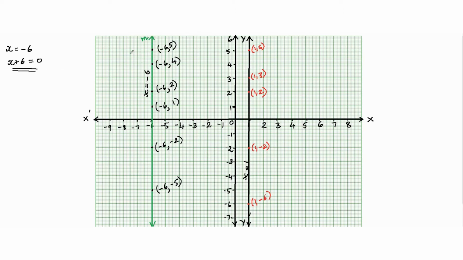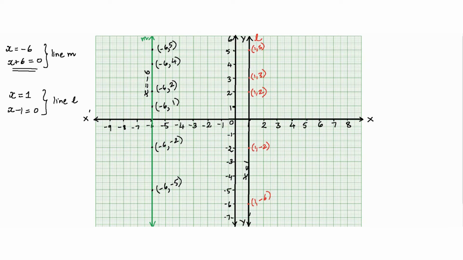So the equation of line M, I can write as either x equals -6 or x plus 6 equals 0. Similarly, if this particular line is marked as line L, then the equation of line L is either x equals 1 or x minus 1 equals 0.